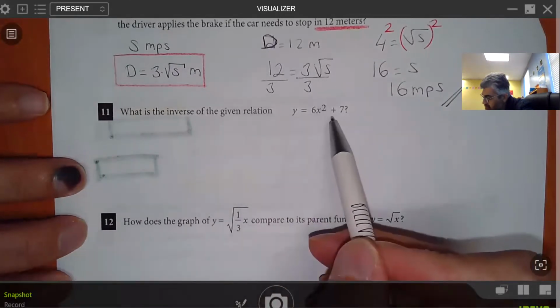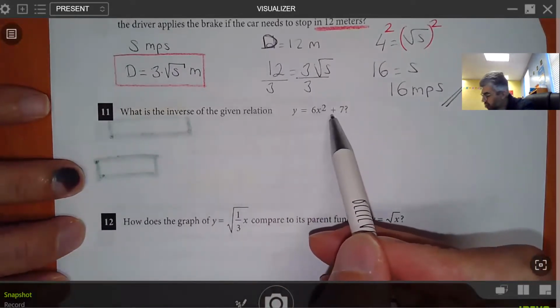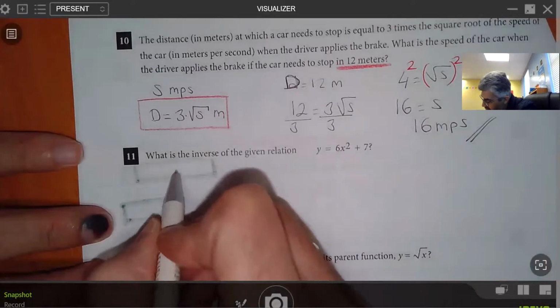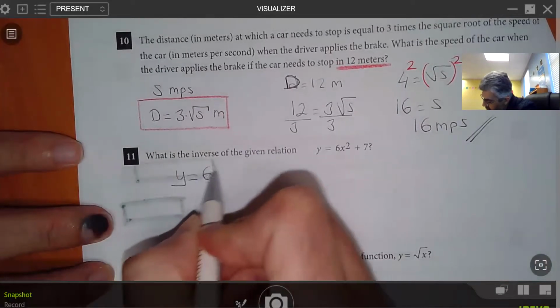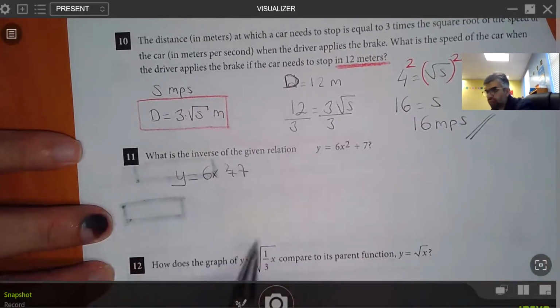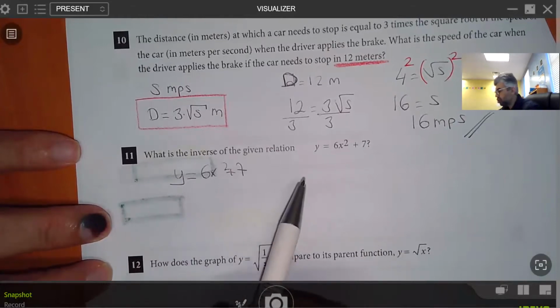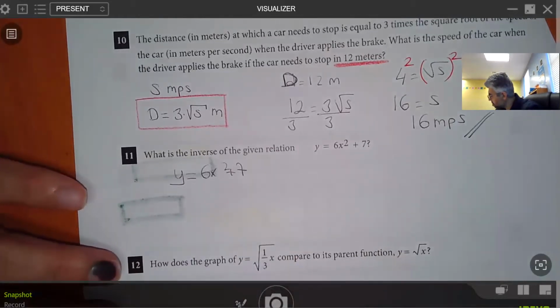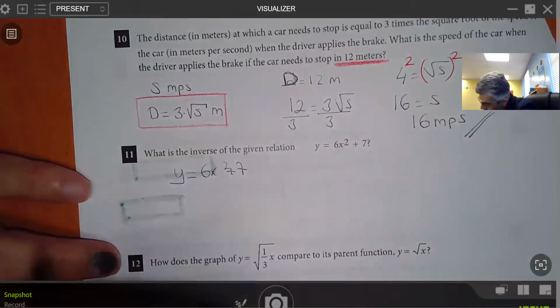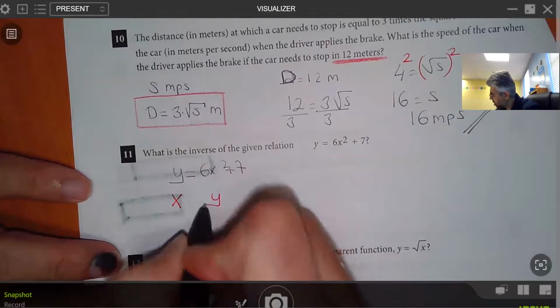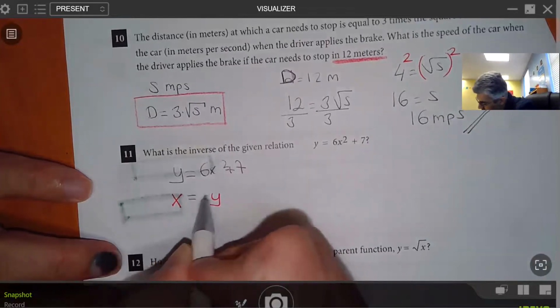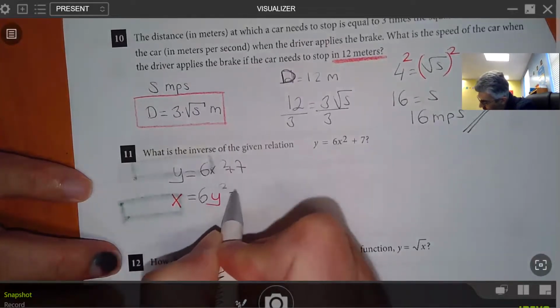We know what we do. We just write the original function, y equals 6x squared plus 7. We are not going to find the domain or range. We just flip the places of x and y. So we have x equals 6y squared plus 7.